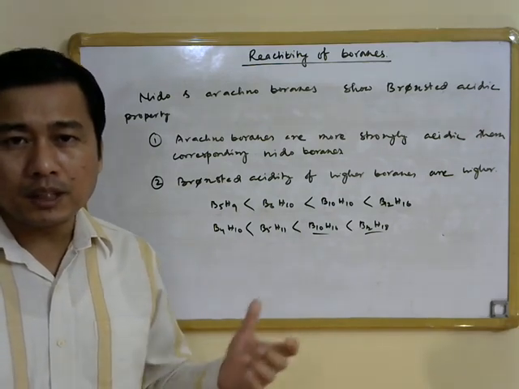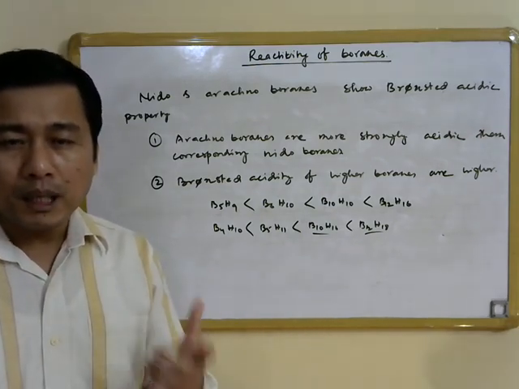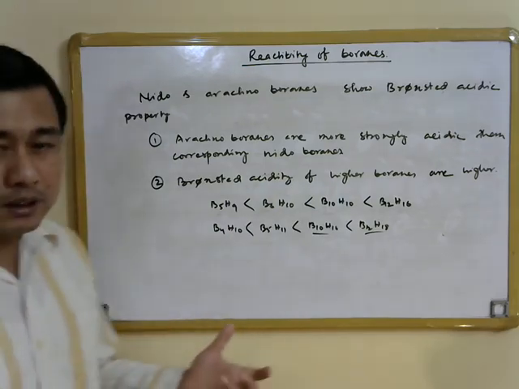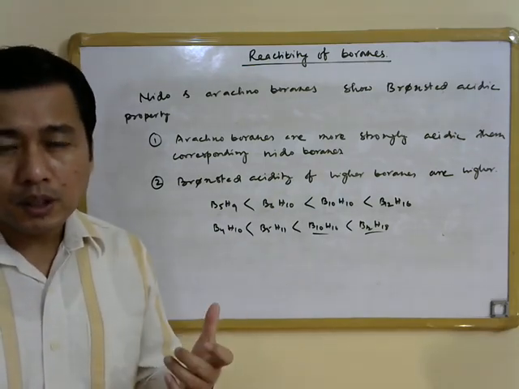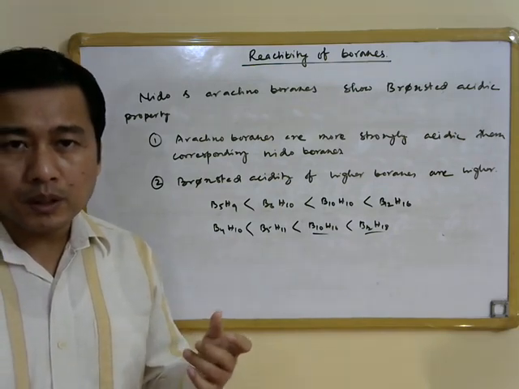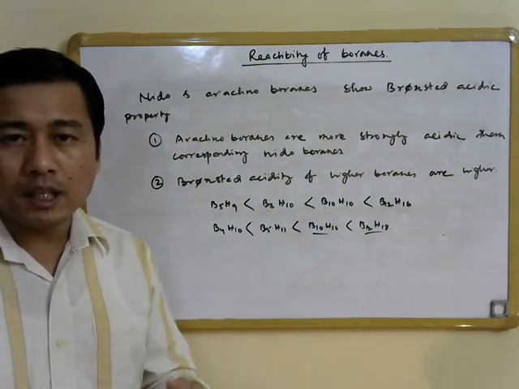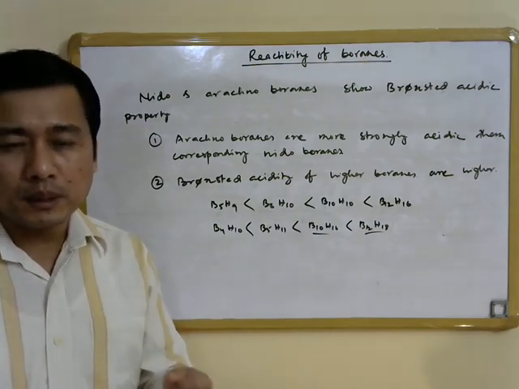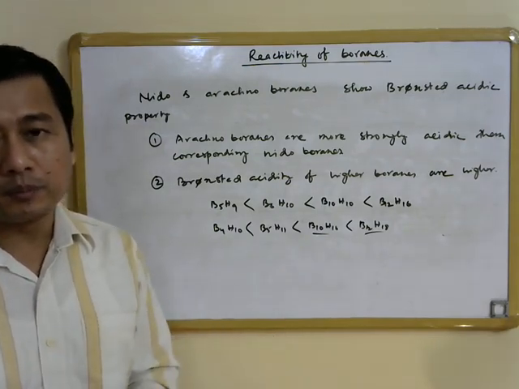Then we looked at how one can trap the transient BH3 unit by making 1:1 Lewis acid base adducts, and we have seen that when we use bulkier Lewis bases like trimethylamine, then we trigger the homolytic cleavage of diborane to obtain the 1:1 Lewis base adduct with BH3.